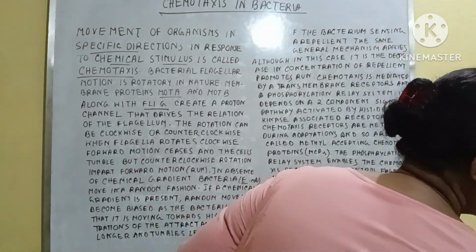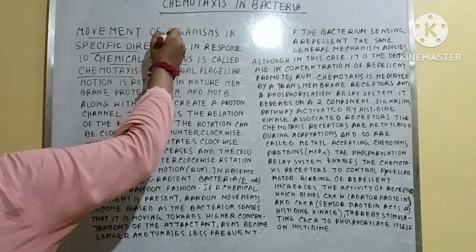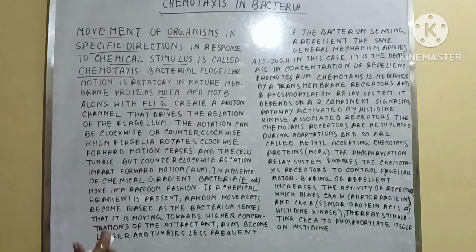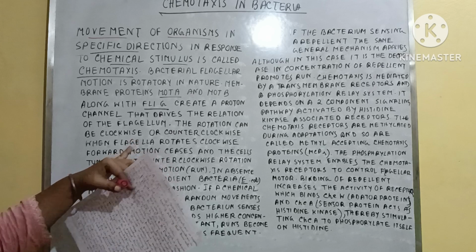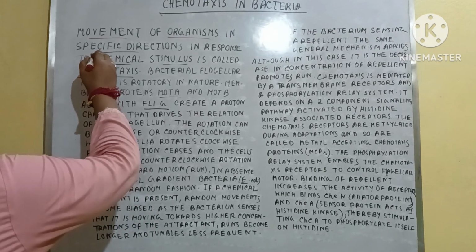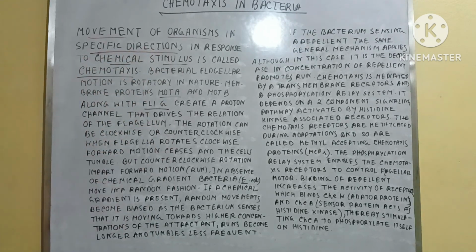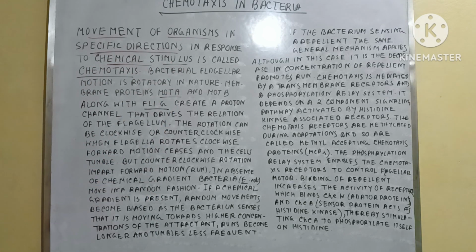Chemotaxis is actually the movement of organisms. Generally, bacterial movement is the movement of the bacteria towards specific directions in response to the chemical stimulus. This is called the chemotaxis.